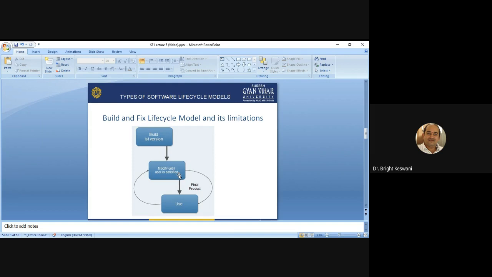Secondly, the cost of this model is unexpectedly high compared to when the specifications are drawn up and the design carefully developed. So the cost of this model is very high, which is the second limitation.